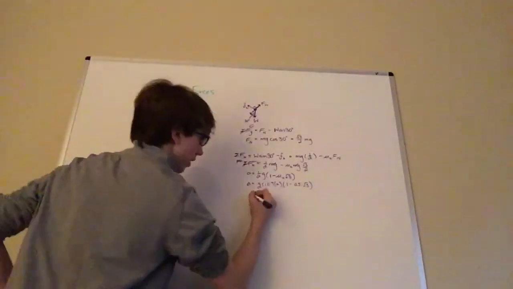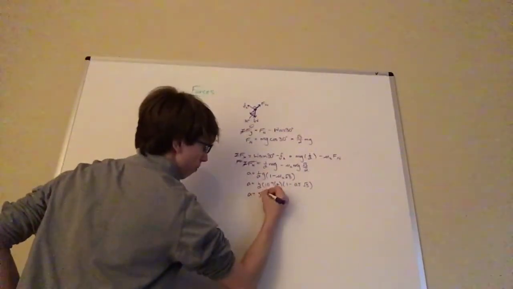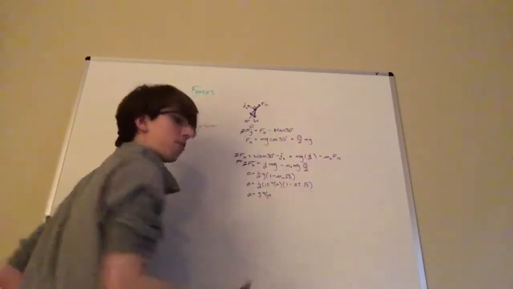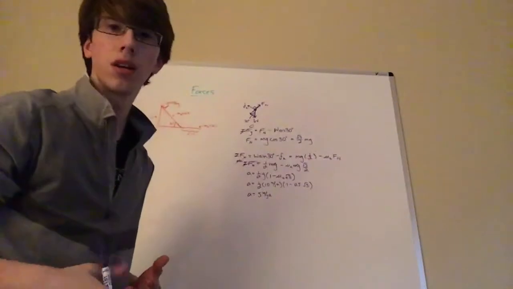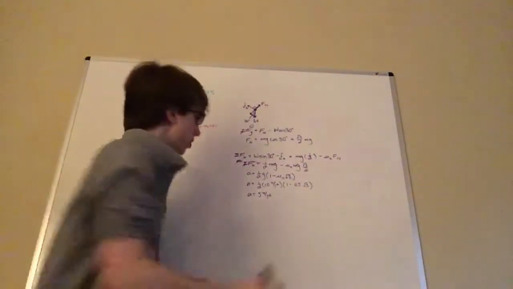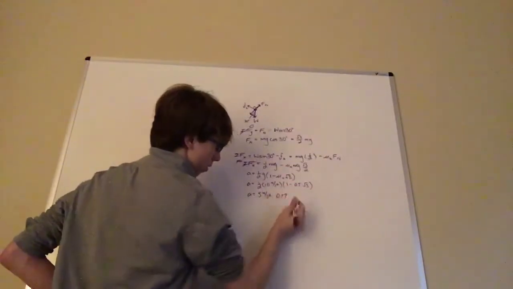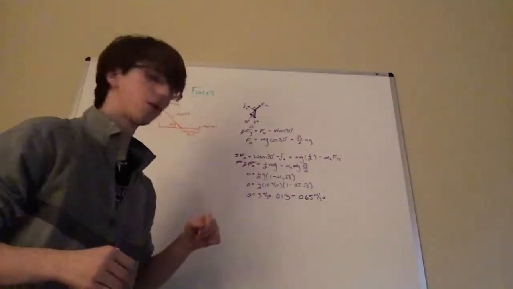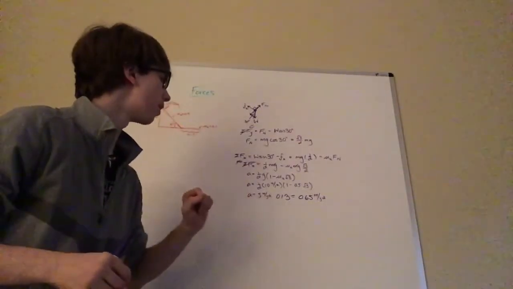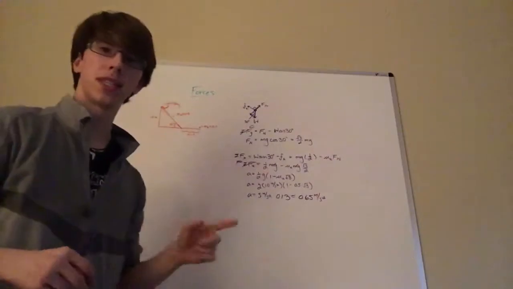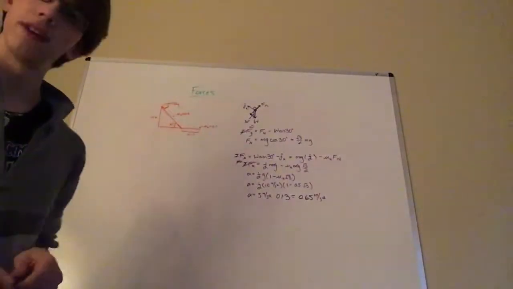So the acceleration is equal to 5 meters per second squared times 1 minus 0.83, which is 0.17. So it's actually 1 minus the square root of 3 over 2 is 0.13, and so that means that our acceleration is actually 0.65 meters per second squared.